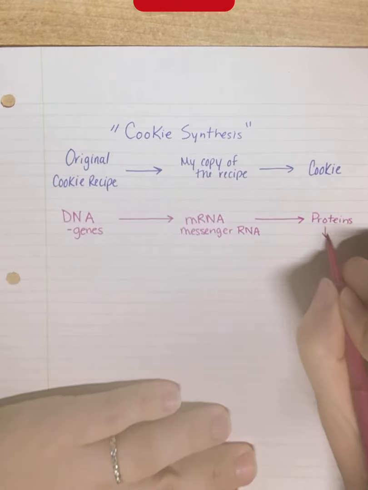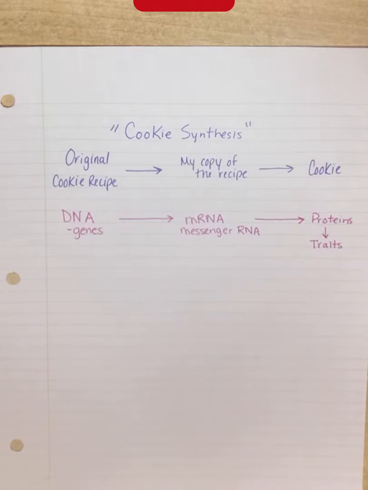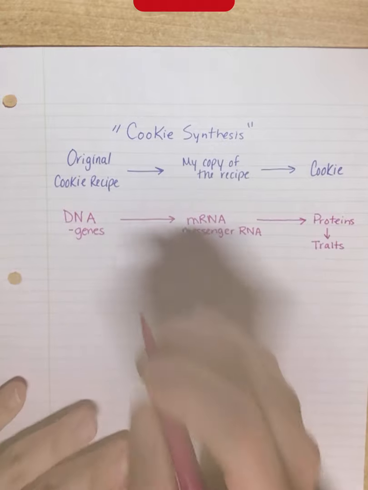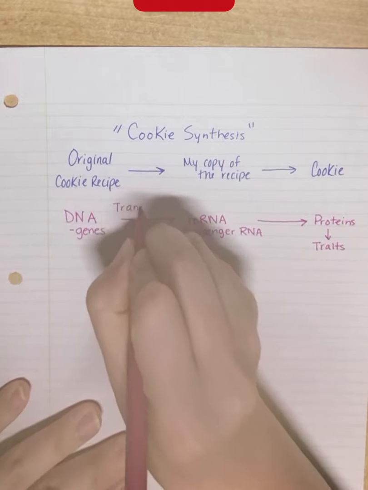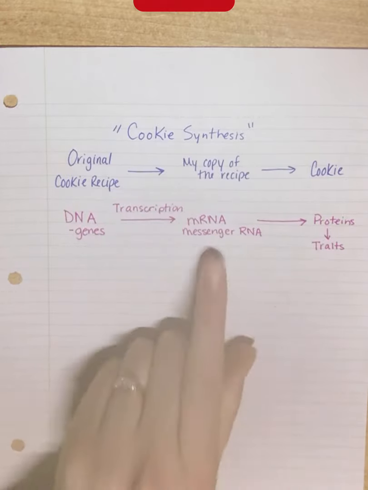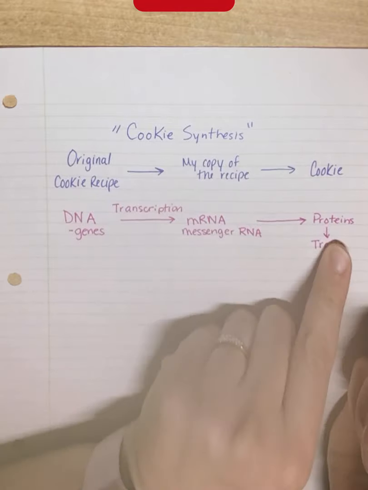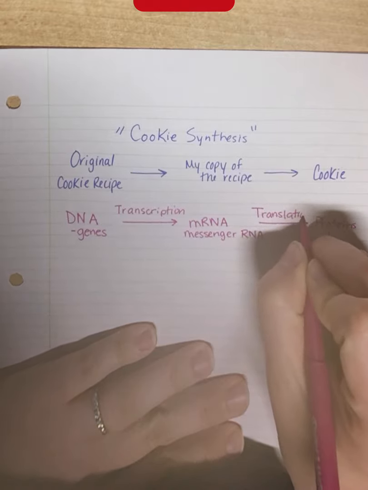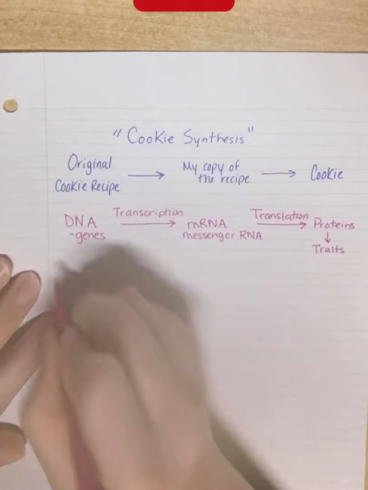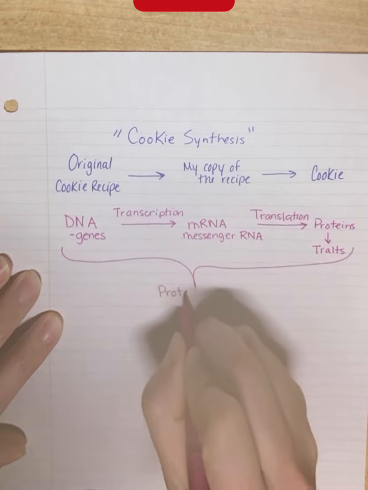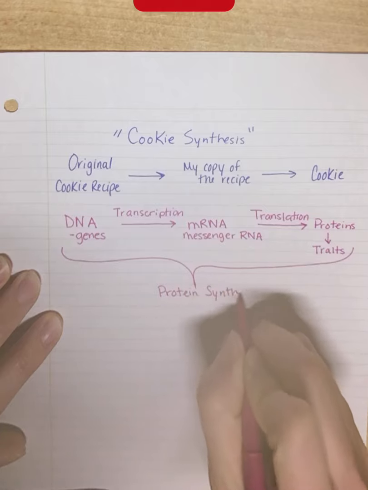Our proteins then ultimately become our physical traits. Now, this first step of writing down those instructions we call transcription. And when we take those instructions and we build our protein, that process is called translation. Altogether, this whole thing is called protein synthesis.